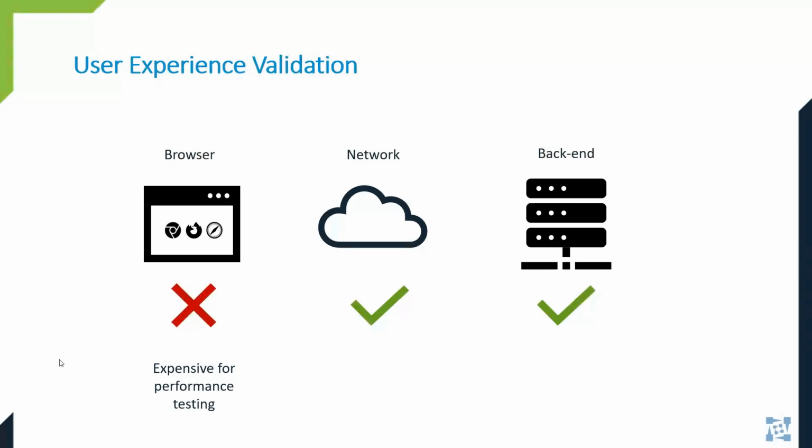But in order to do that, we will have to run thousands of browsers, right? So for every single user that we want to simulate, we'll have to have a browser that actually spins up and runs the test, so that we can test with the appropriate load on the system.